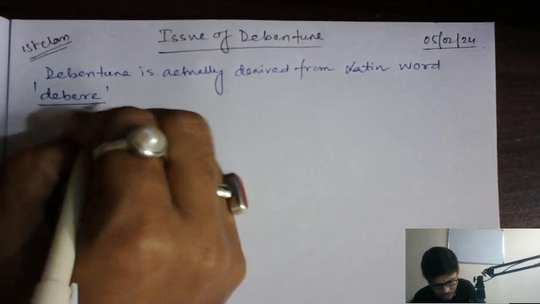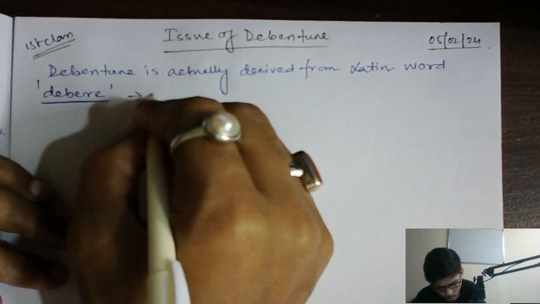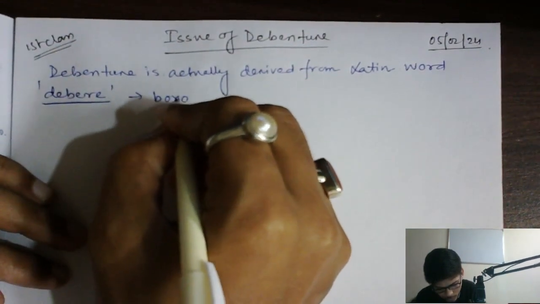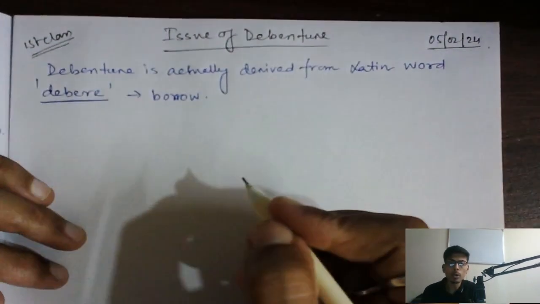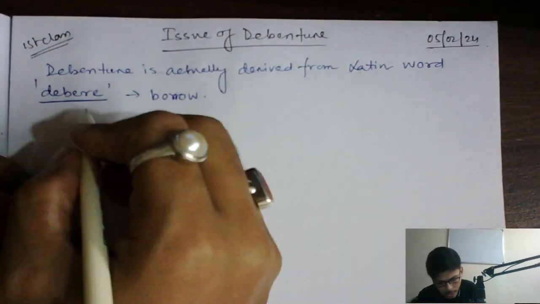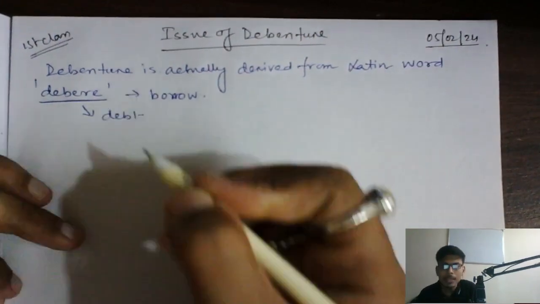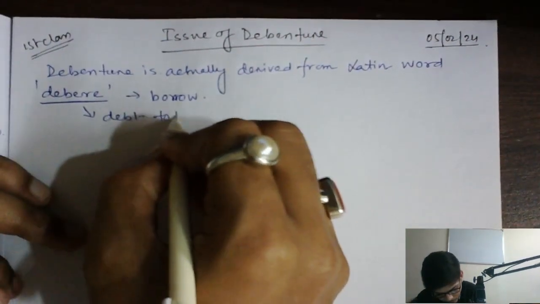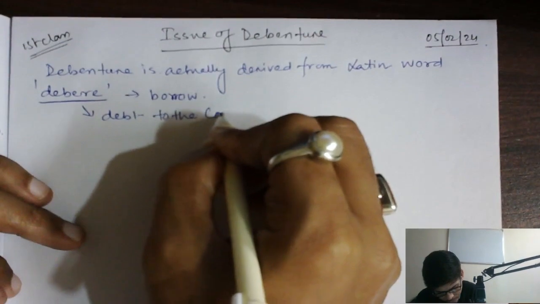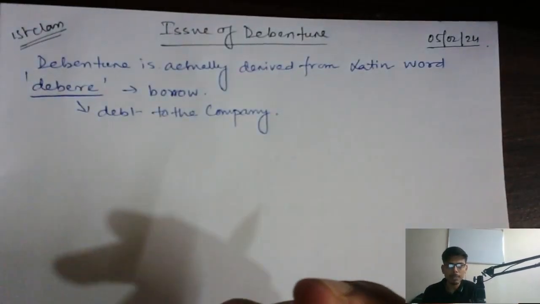Do you know what this means? It means actually borrow, B-O-R-R-O-W, borrow. So you can say it's a debt to the company. Obviously, borrow means we are taking money, which is a debt to the company.